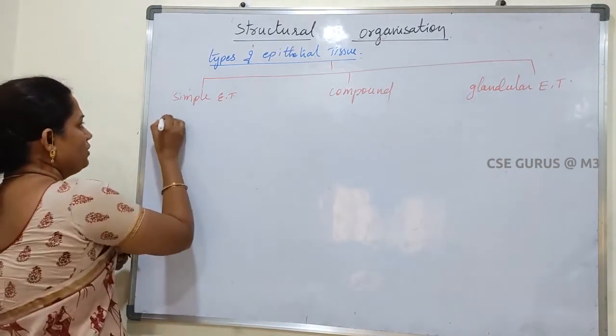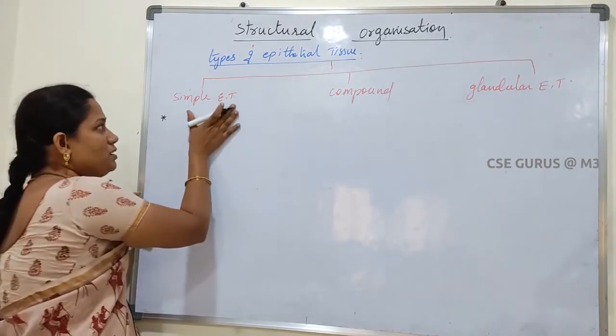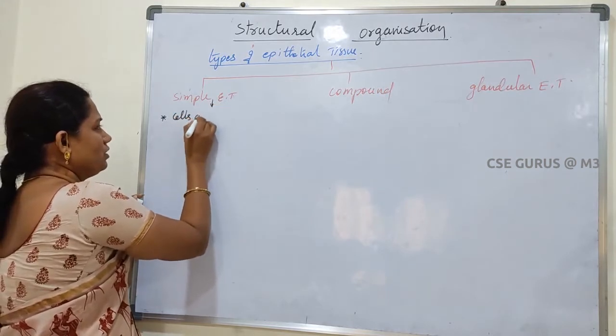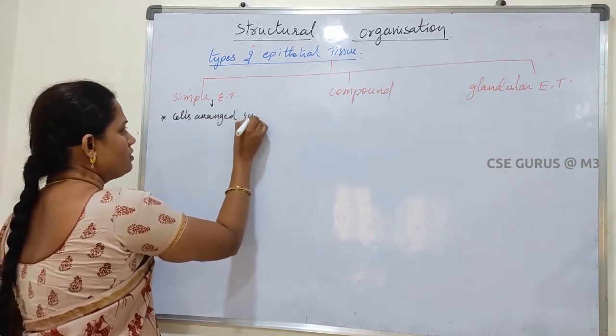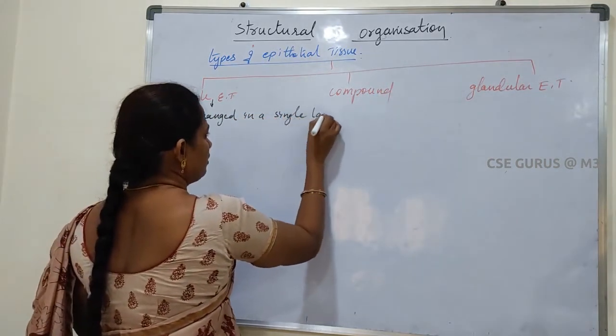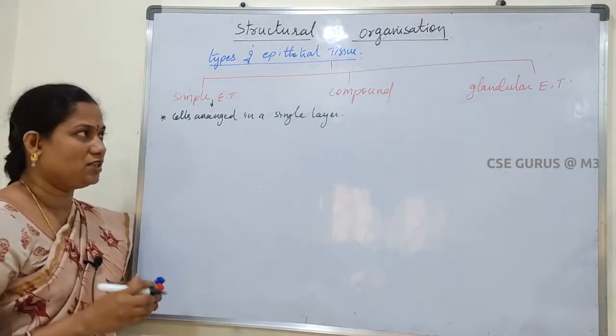So first we are going to learn about simple epithelial tissue. Simple epithelial tissue means here the cells are arranged in a single layer. That's why these are called simple epithelial tissue.